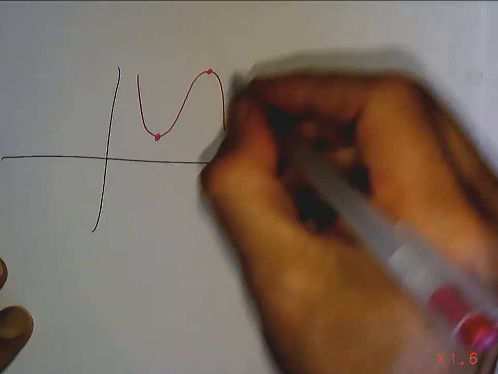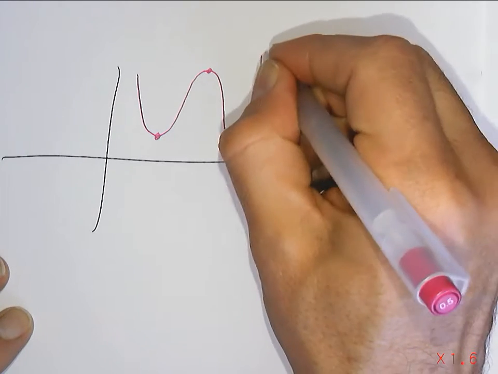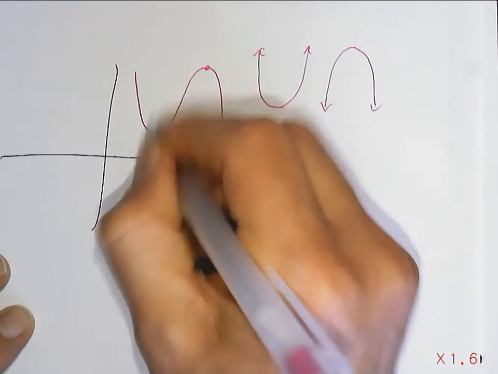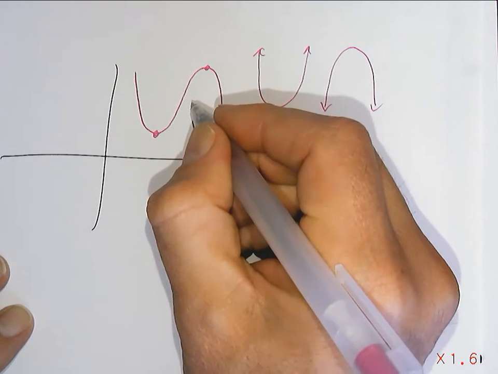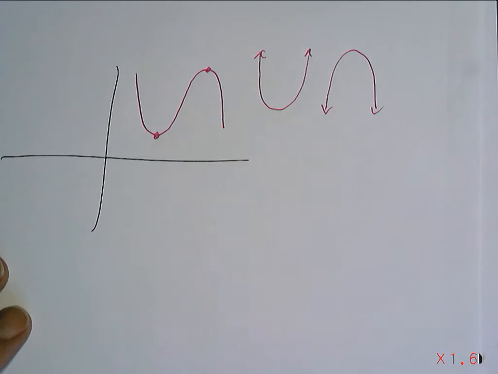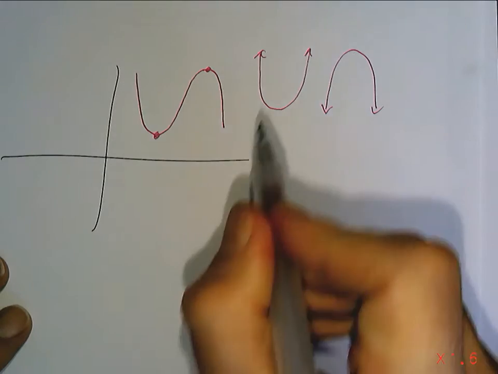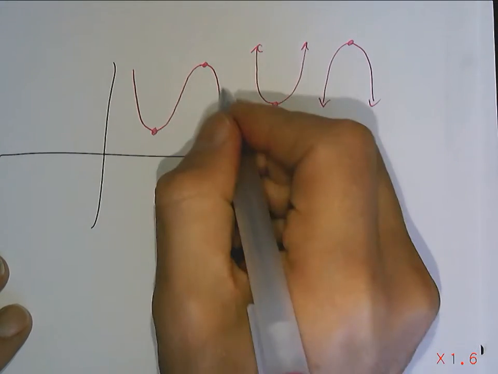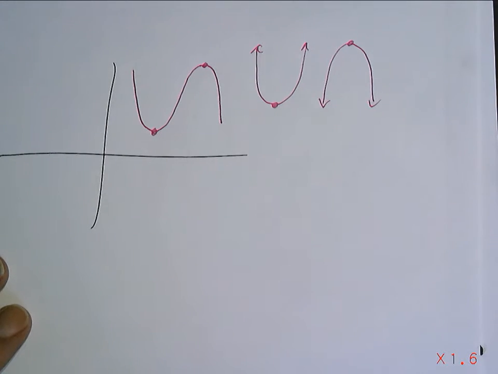A parabola either looks like this, it's a U shape like that, or like that. This is not a parabola. Therefore, it's not a quadratic. So the answer to your question is no, a quadratic can only have one vertex. Can we get a graph that looks like this? Absolutely. It's just not a parabola. Okay?